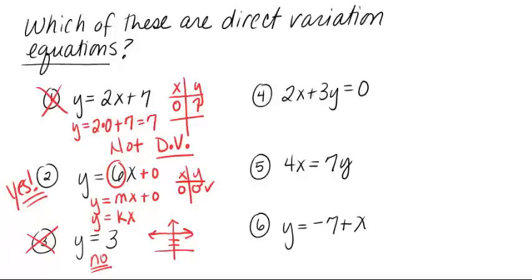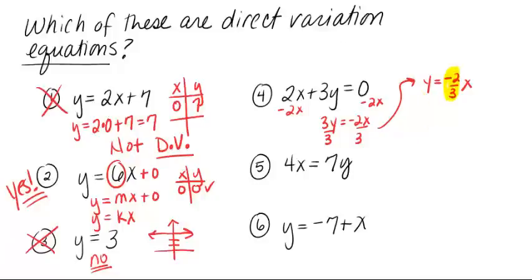For number 4, we actually have to do some work here, and we have to solve for y. If we subtract 2x from both sides, you get 3y equals negative 2x, and then if you divide both sides by 3, you get y equals negative 2/3 x. Again, just by looking at this, you can see that your constant of variation is negative 2/3.